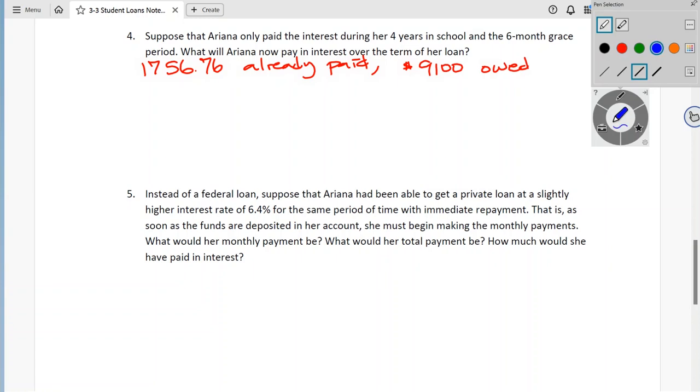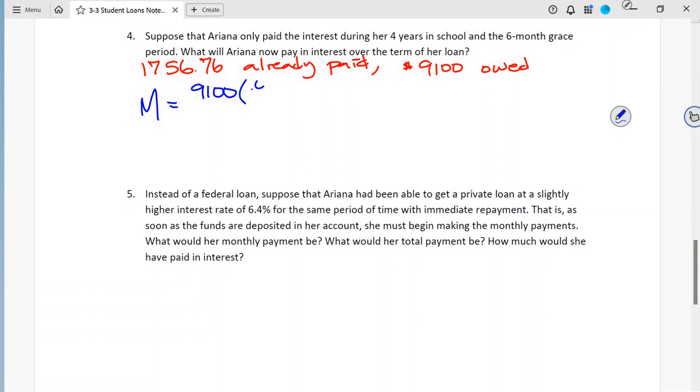Now, in the monthly payment formula, I wanted a new color. M is equal to the amount borrowed, 9,100, times R over 12, so 0.0429 divided by 12, times 1 plus R over 12, 0.0429 divided by 12, to the power of 12 times t, okay?